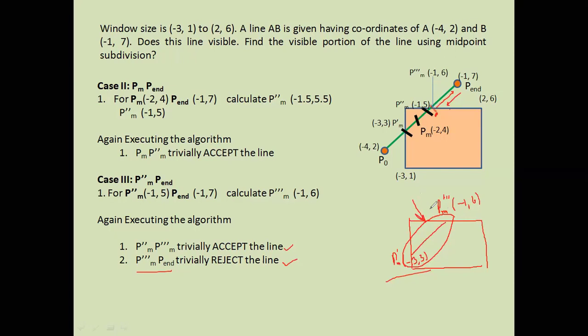Where hardware cannot be used for clipping, we use the subdivision line clipping algorithm. I hope now if any question related to this is given to you in an examination or as an assignment, you will be able to solve it by the step-by-step procedure.